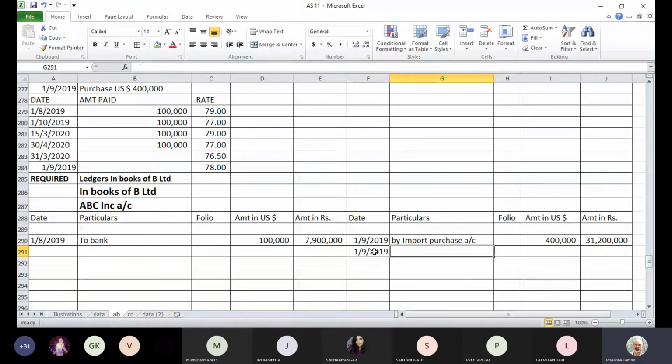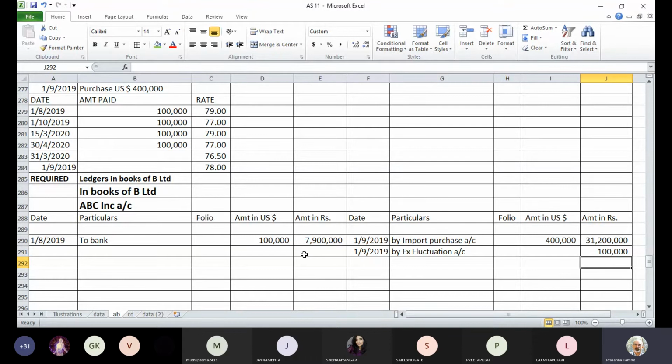So the entry will be by FX fluctuation account 1 lakh rupees. This is a loss with reference to the 79 lakhs of payment which we made earlier when the dollar rate was 79. And now the dollar rate at the date of purchase is 78.